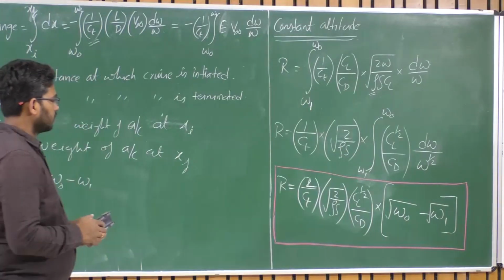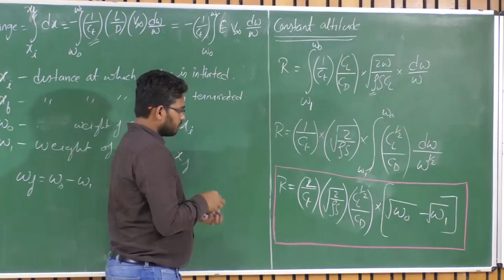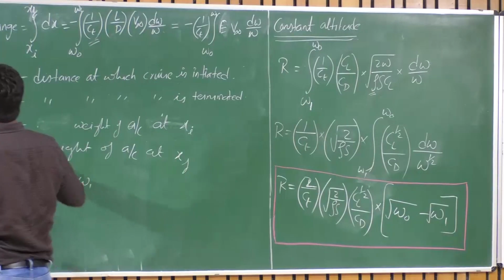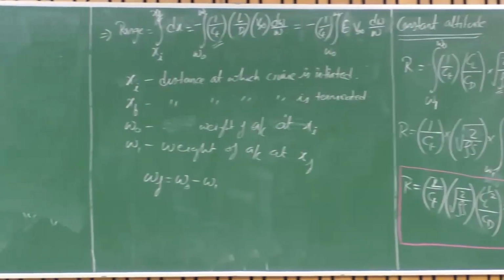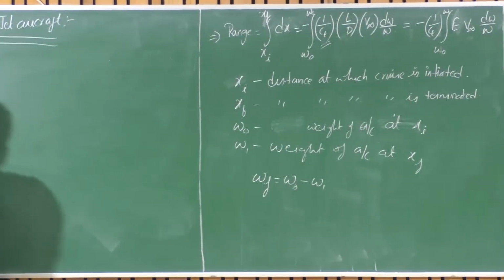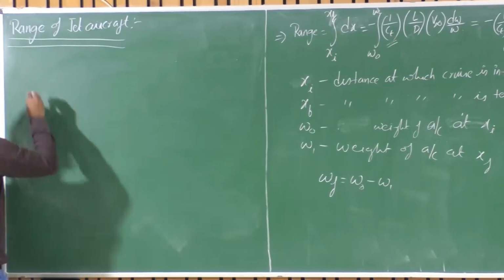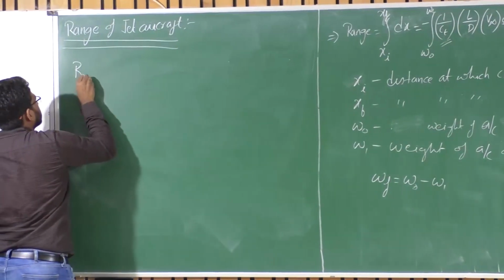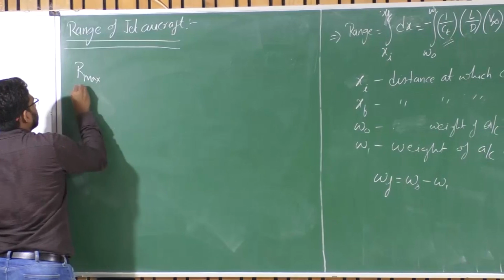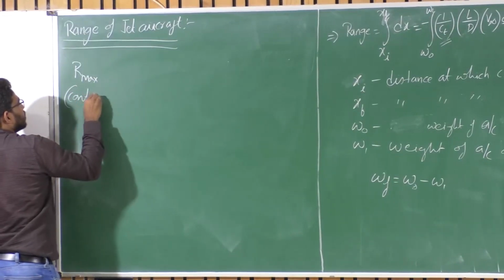So when is the range maximum for constant rho?